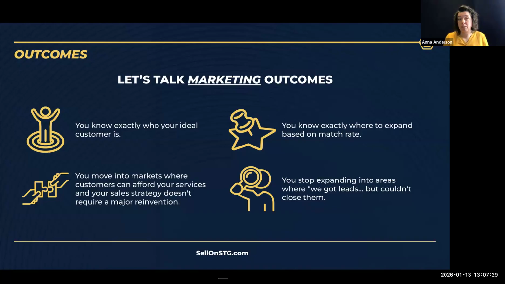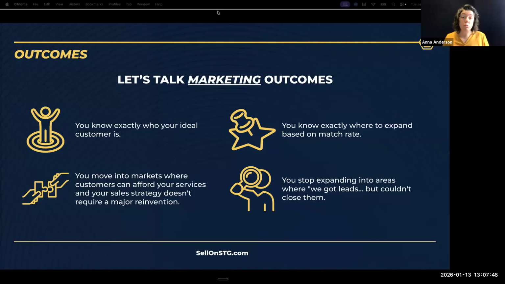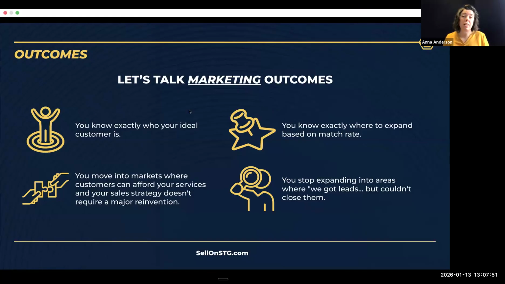And that goes beyond just the building envelope and the status of the roof, but you understand in much more granular detail who that customer is and why you're expanding into certain markets. And you can bring this information to your sales team, to your ops, and they are prepared for this growth. So you can be very strategic about what that looks like. And your messaging to those prospective customers at the very first touch point is authentic and you're speaking to their pain points. That's the outcome that our team helps bring to the table.